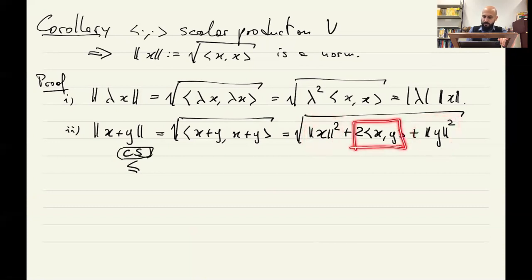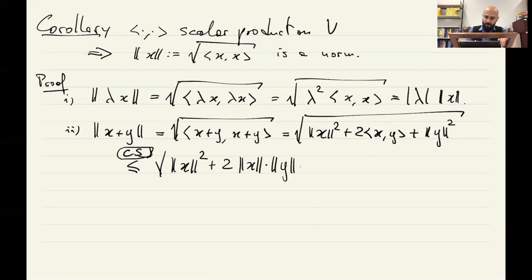Now this thing is smaller than each of the norms, right? So this is norm of x squared plus 2 norm of x times norm of y plus norm of y squared.